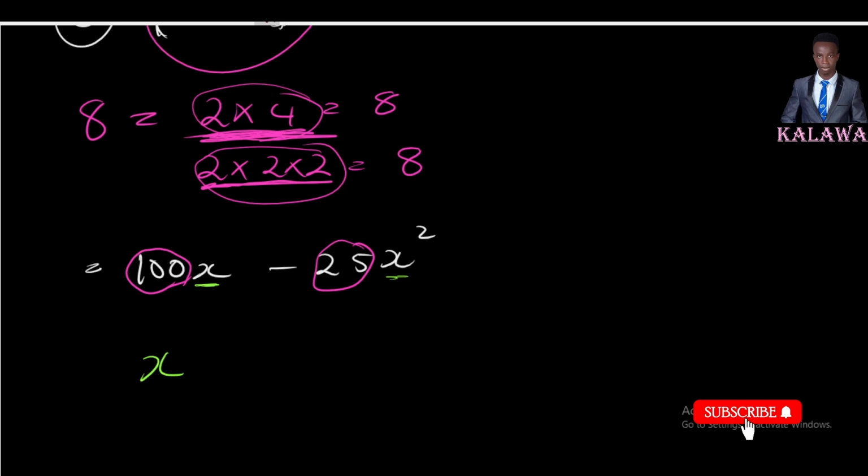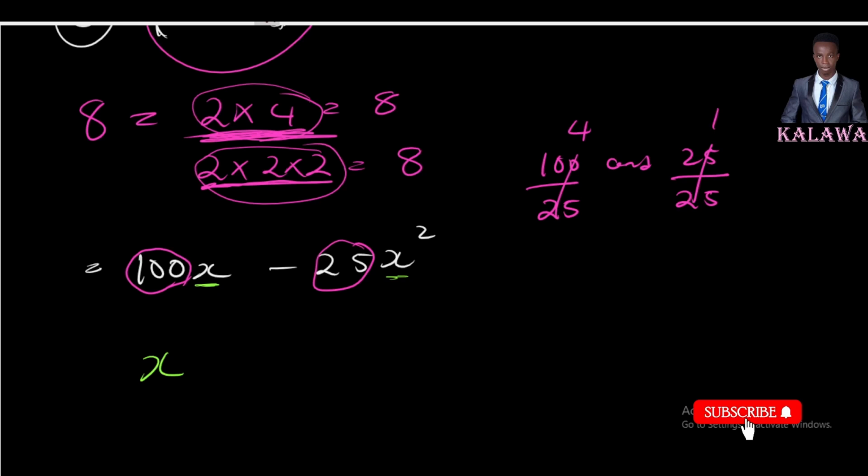And then the second aspect, you observe the coefficients of the variable. So the two coefficients here, we have 100 and we also have 25. If you observe, 25 can be divided by itself and it can also divide 100. So 25 divided by itself is 1 and 100 divided by 25 is 4.